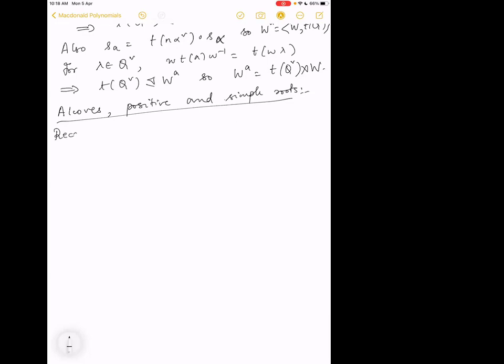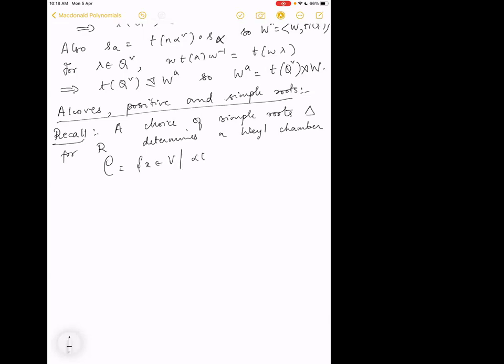Recall that a choice of simple roots delta for the finite root system R determines a Weyl chamber C, which is the set of all x in V such that alpha of x is greater than or equal to 0 for all alpha in delta.